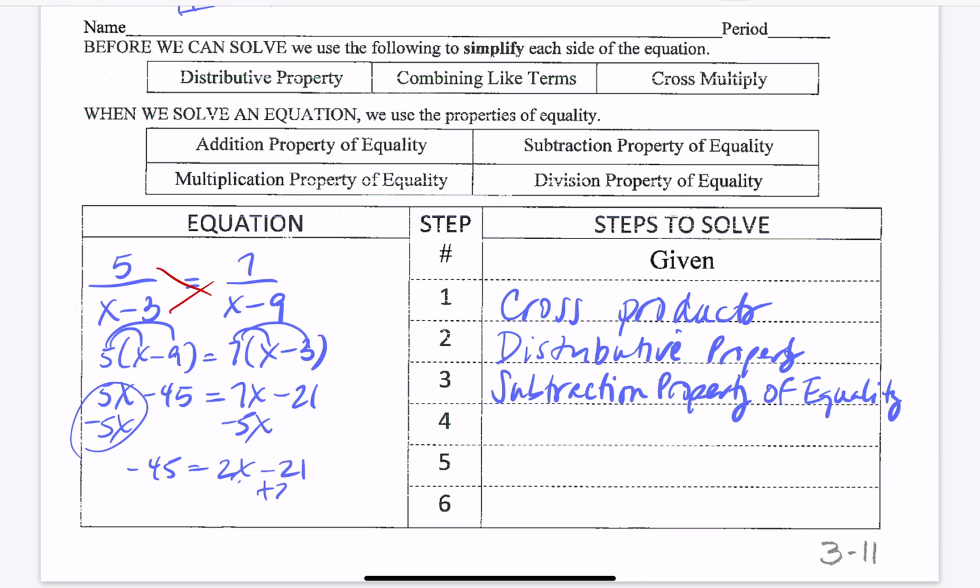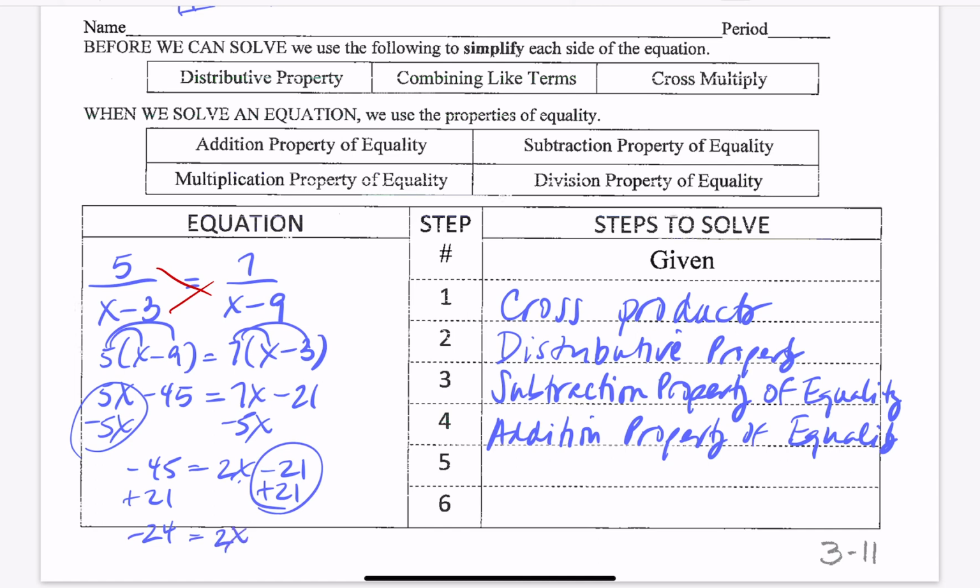I need to add 21 to both sides to solve, so I'm using the addition property of equality. So negative 45 plus 21 is going to be negative 24 equals, and then this is 0, 2x.